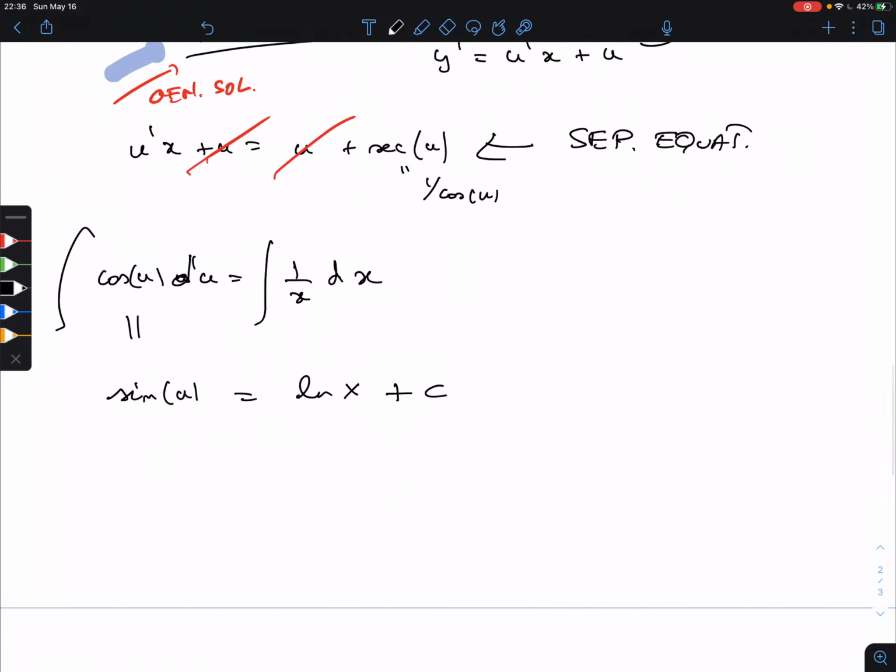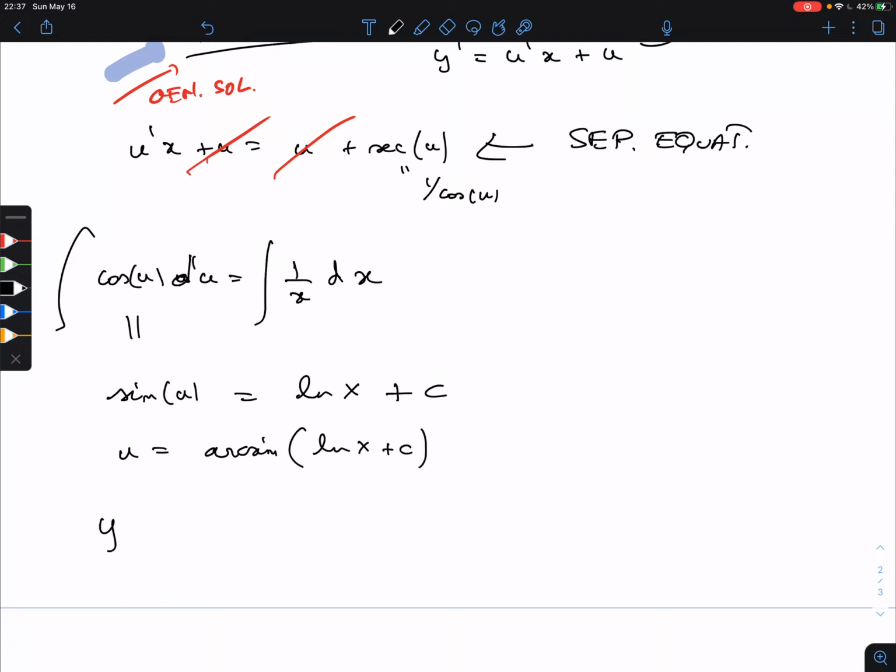Luckily, this is not so hard. We have to get inside the sine, so we use the inverse sine function, which is often denoted sine minus 1, which is very confusing because it sounds like cosecant, which it is not. Therefore, I just take arc sine. So u is arc sine, taking arc sine on both sides, of ln x plus c.